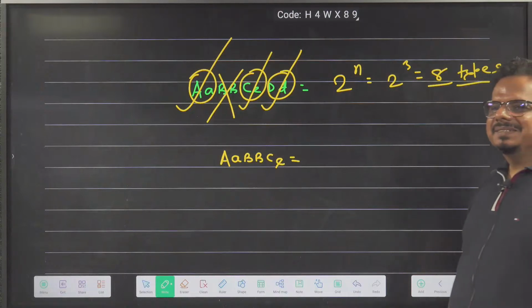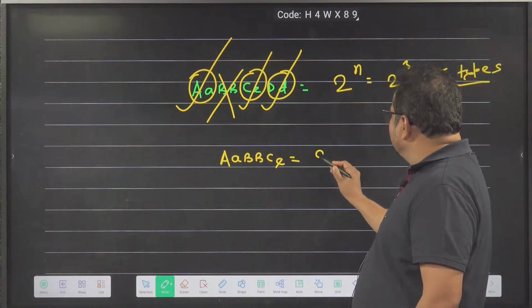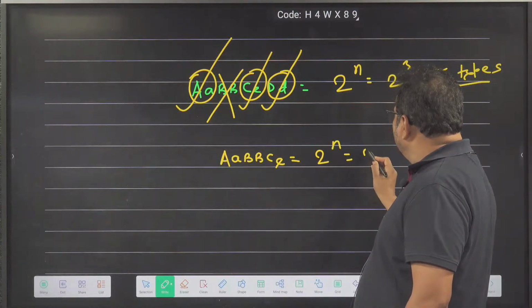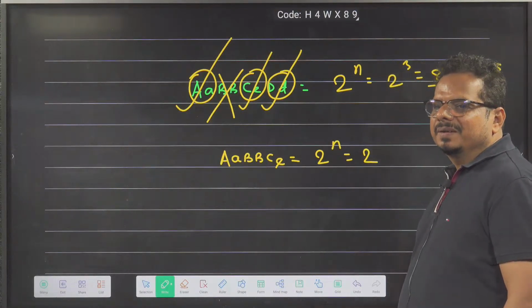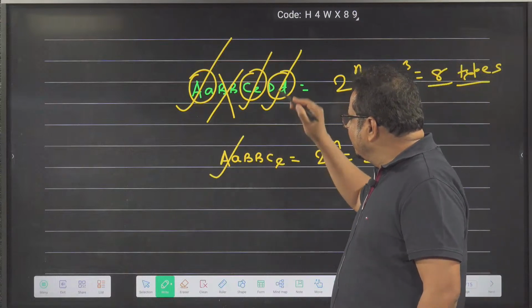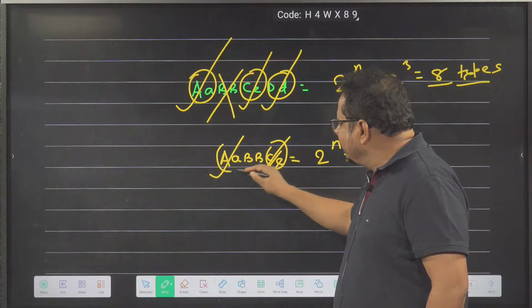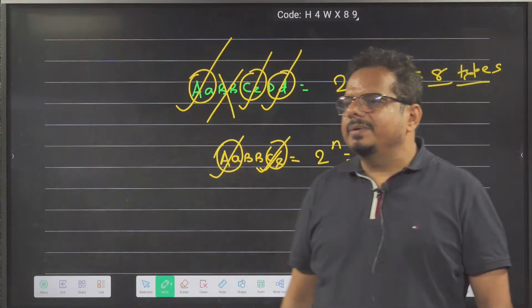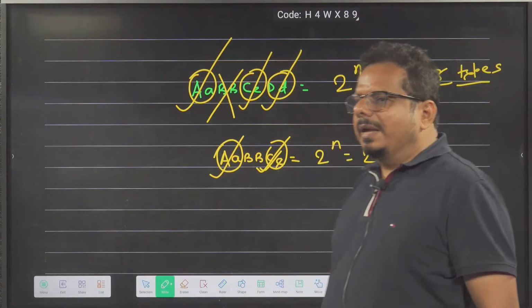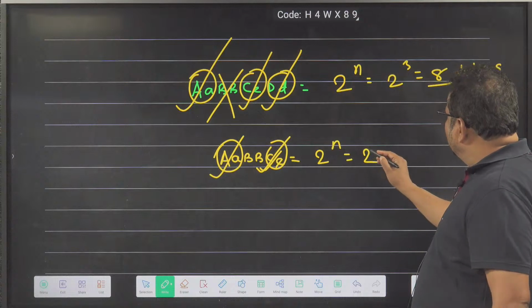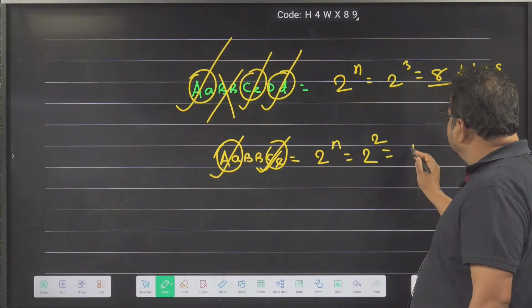Easy now, no? The formula is 2 to the power n. What should I write as the value of n? One heterozygous character, two heterozygous characters. Everyone is present in a pair. Why present in pair? I will tell you later. So the types of gamete produced will be 2 to the power 2 equals 4.